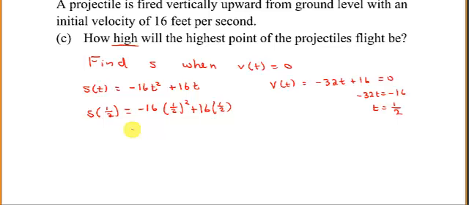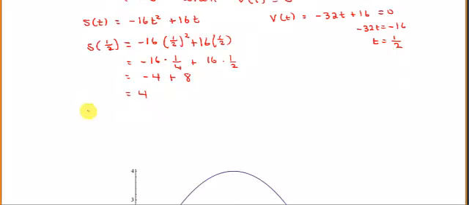That's going to be negative 16 times 1/4 plus 16 times 1/2. Negative 16 times 1/4 is negative 4, plus 16 times 1/2 is 8. So negative 4 plus 8 is 4, so it'll be 4 feet high. And that's how high it will go.